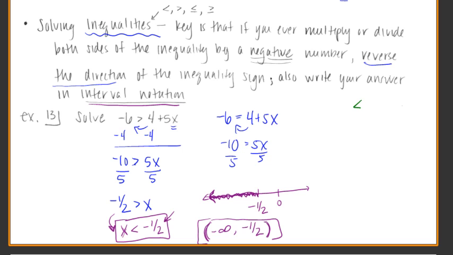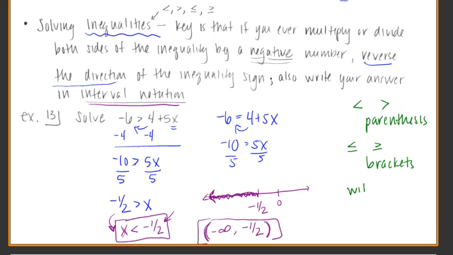If your inequality had less than or greater than, you always use parentheses when you're doing your interval notation. If you have less than or equal to or greater than or equal to, we're going to use brackets. Wow, I totally misspelled that word. Brackets.